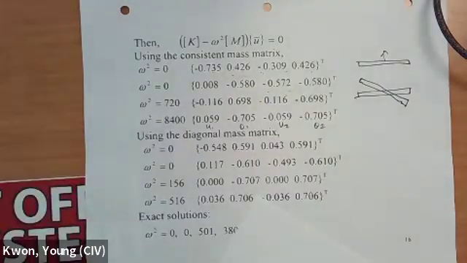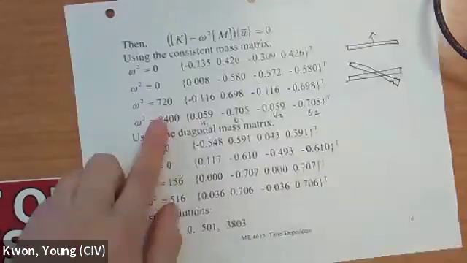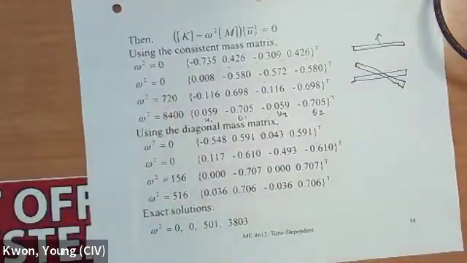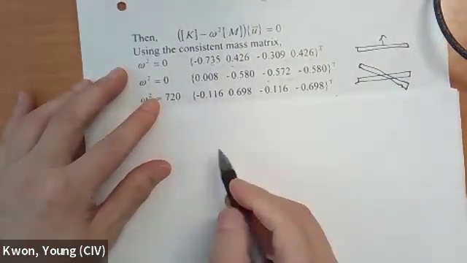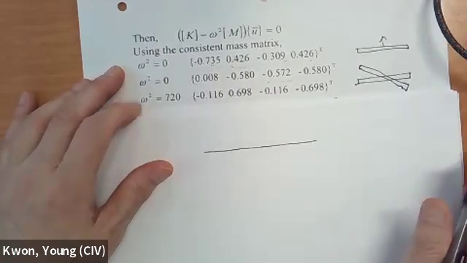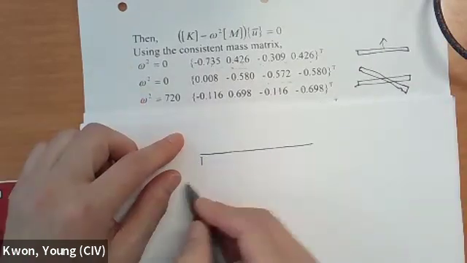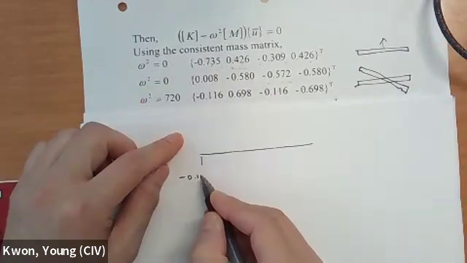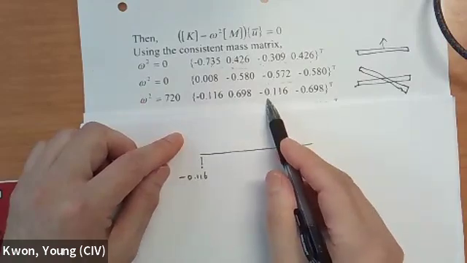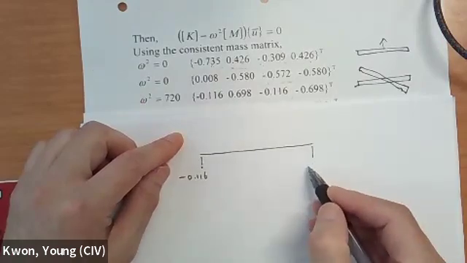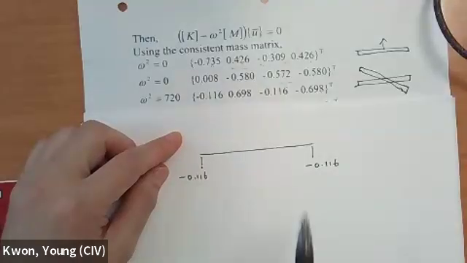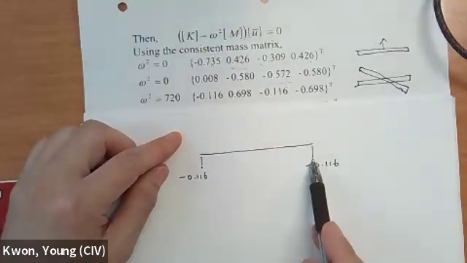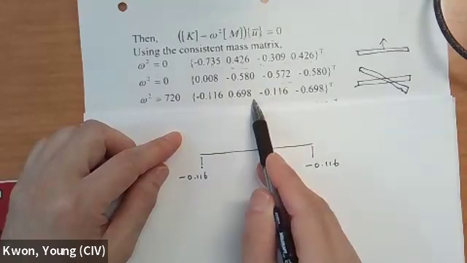Then what about the non-zero ones now? The third one, that's the lowest non-zero eigenvalue. If you look at that, then again, look at the motion. This is negative 116, and this is also negative 116, right? And if it were rigid body motion, then the slope is going to be 0, but this is non-zero.